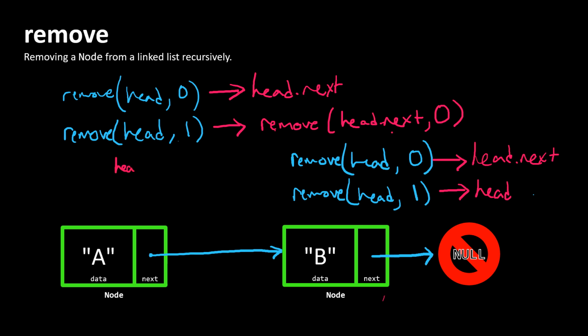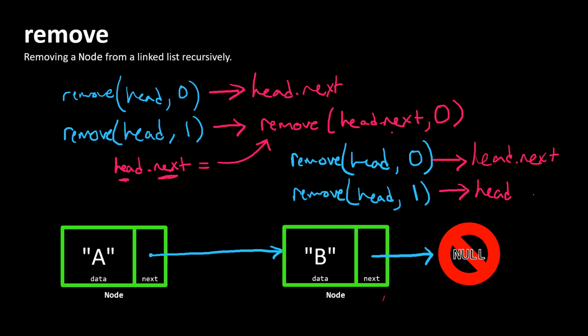So we're going to say head's next node is going to be assigned this recursive call, right? And what we're saying here, the intuition is, I want the next node of the list to be whatever is the result of removing the index that we were looking for, -1, from the rest of this list, right?